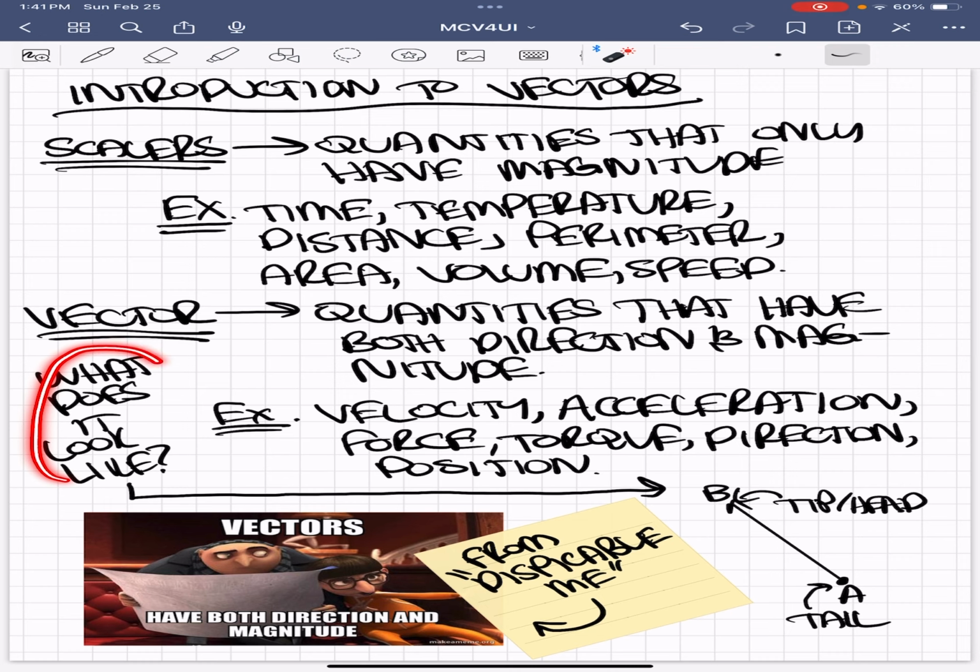So what does it look like? Well, a vector is sort of like an arrow with a tail and a tip or a head. And this would be A and this would be B. Vectors have both direction and magnitude, and that's from Despicable Me, the children's movie that came out not too long ago.